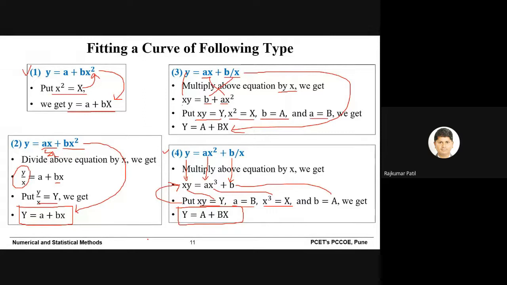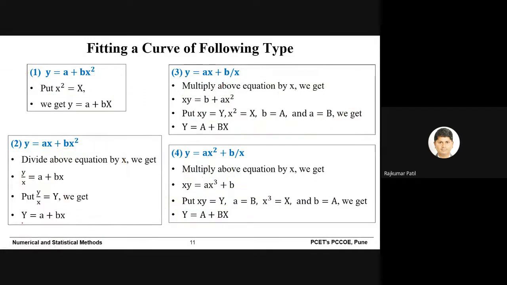So what we have seen in these examples is that sometimes it seems that equations are very complicated and we cannot fit a straight line. But when you do operations like this, it helps you simplify that equation to a straight line equation, as we observed here.